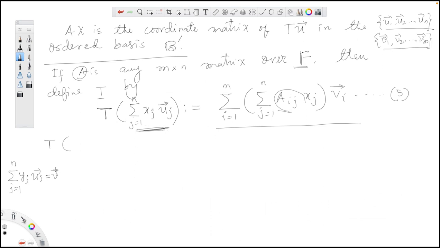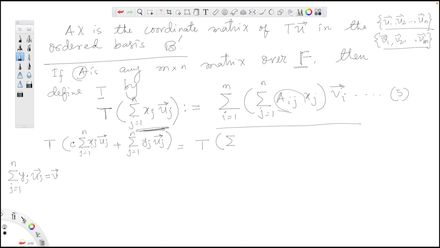Let us denote vector v by this. Then T acting on c times this vector u, the sum of x_j u_j where j runs from 1 to n, plus the sum of y_j u_j where j again runs from 1 to n, can be written as T of, I can take this c inside. Why?